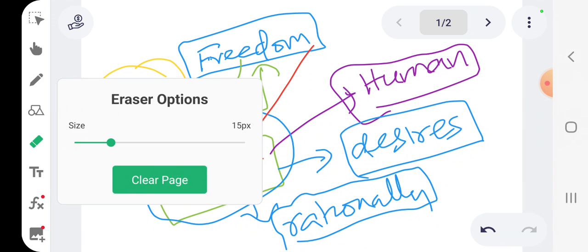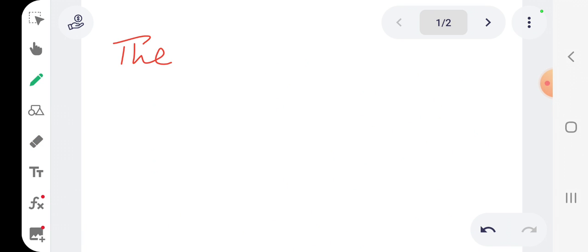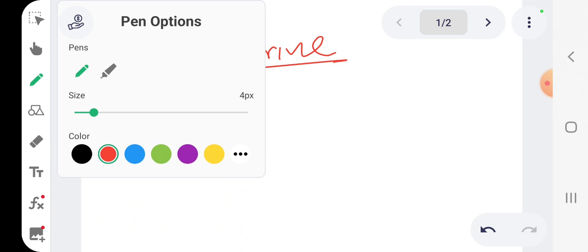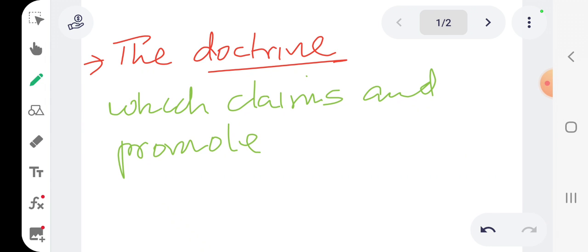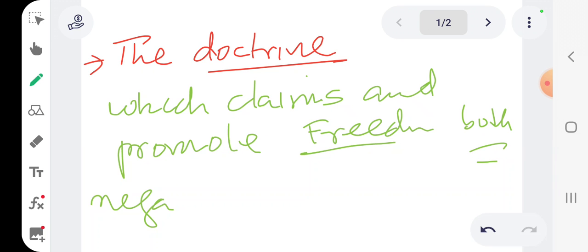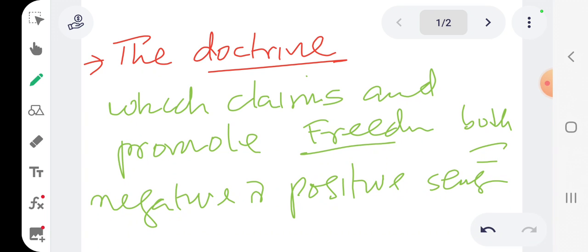So liberalism in that sense is the doctrine which claims and promotes freedom in both negative and positive senses, and this freedom is the property of human will.